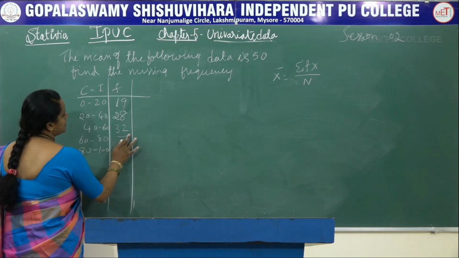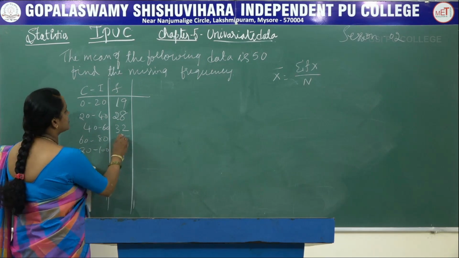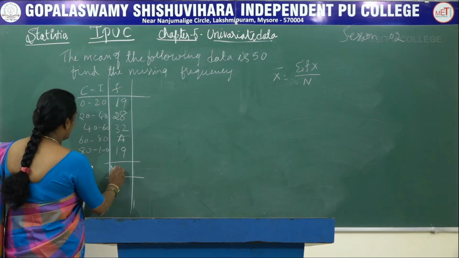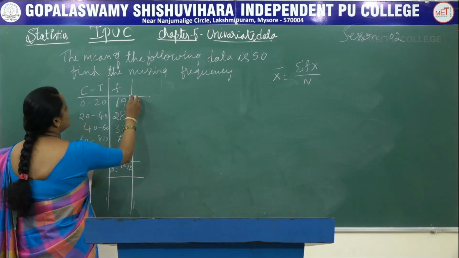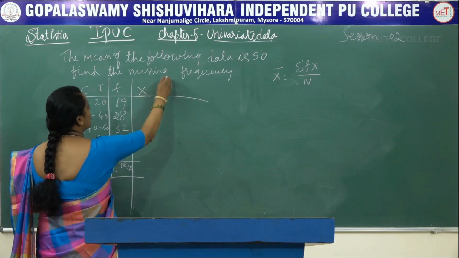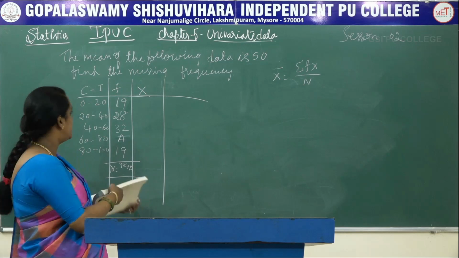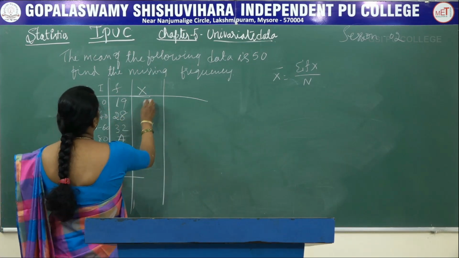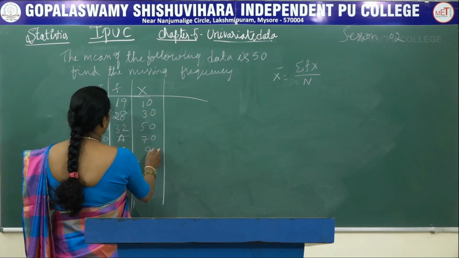And again, in this problem, between 60 to 80, they have not mentioned the frequency. I'll take it as A, and our n value is 98 plus A. Next is to find the midpoint. We want x value, so that we will find the midpoint. So midpoint for 0 to 20 will be 10, 30, 50, 70 and 90.